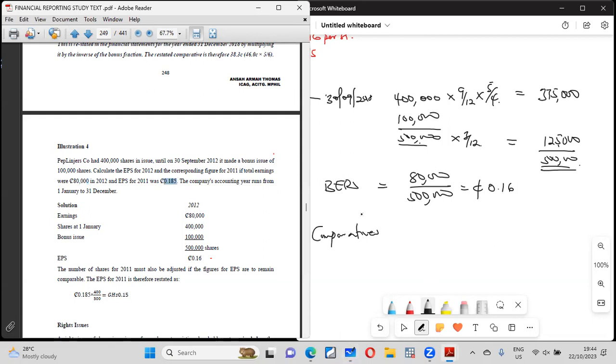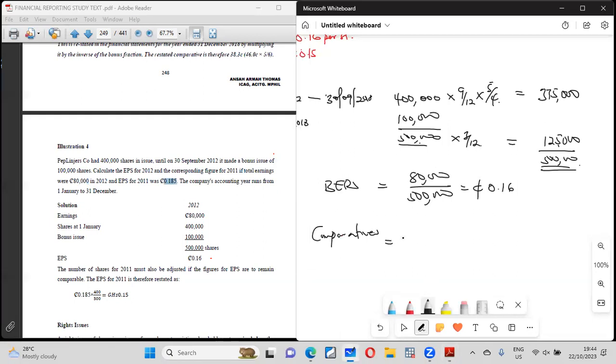Comparative last year is 0.185. Multiply by the inverse of the bonus fraction, which is 4/5. That gives you the 0.15. Don't forget to always put the currency sign there, per share. All right, so that is that. That's all. Good work done.